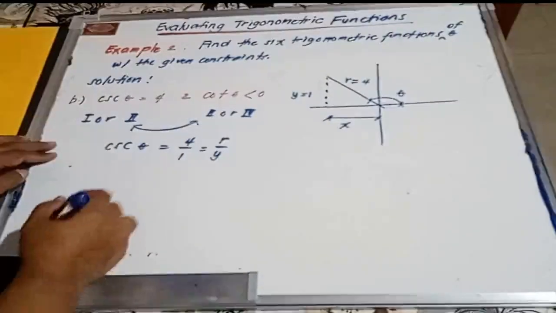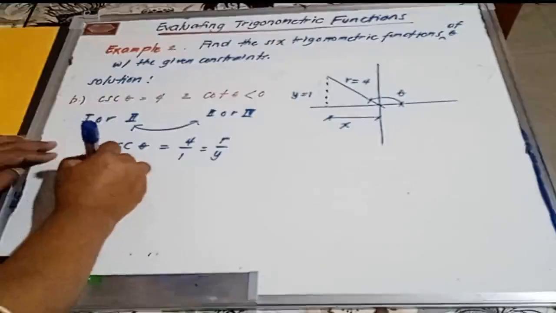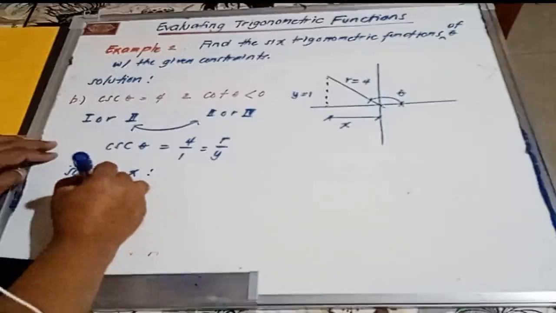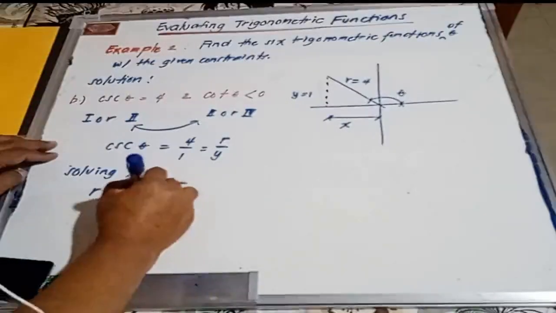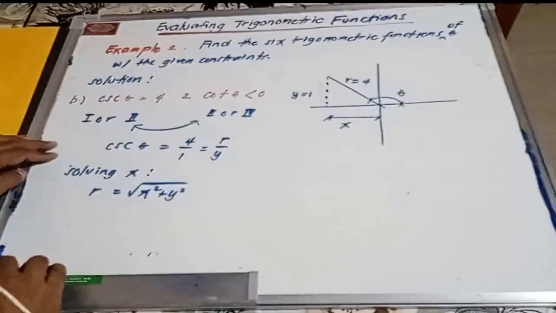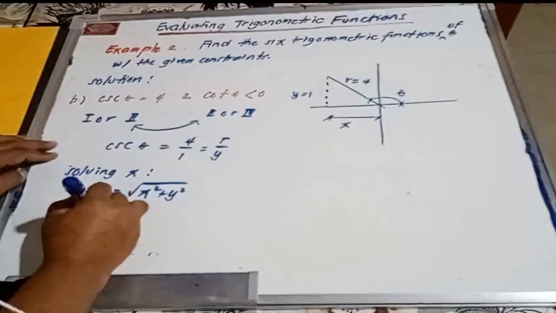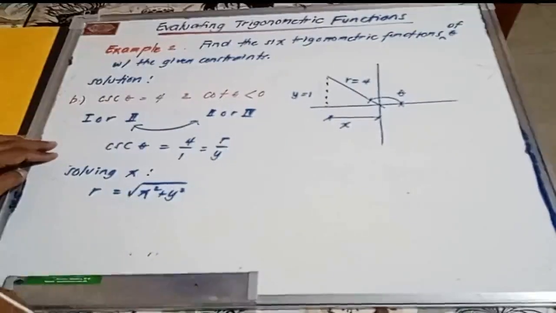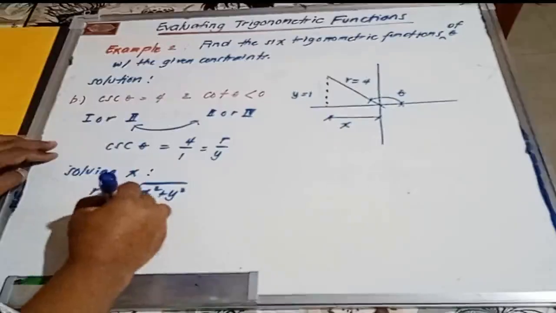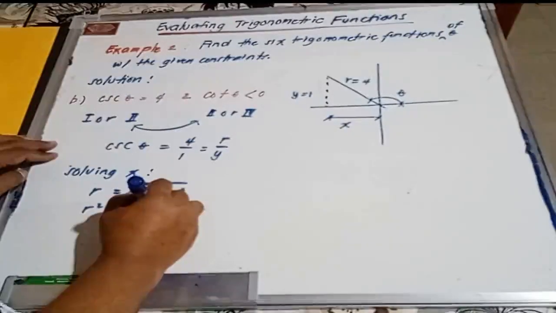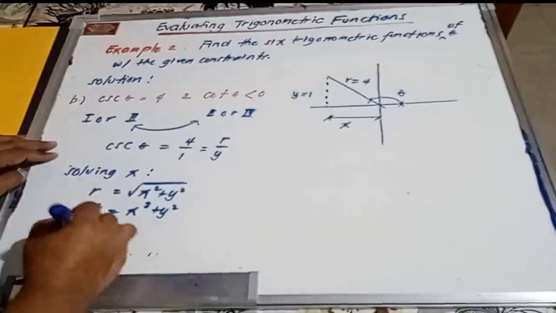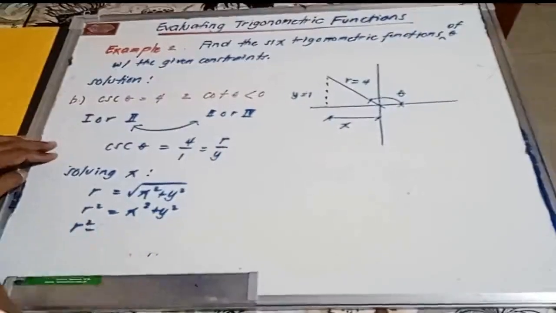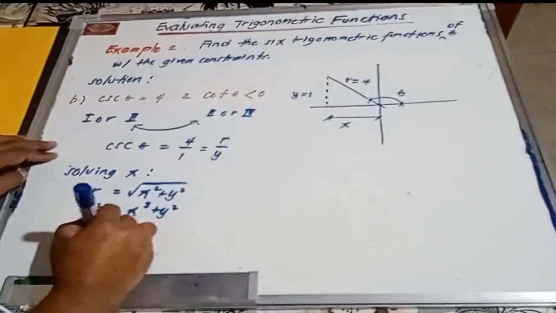So, solving x. Paano natin masosolve si x? E di, originally, ang formula natin, r equals square root of x squared plus y squared. We're going to rewrite this in terms of x. Derive natin. Square natin both sides. The result is r squared equals x squared plus y squared. Transposing y squared, we have r squared minus y squared equals x squared.